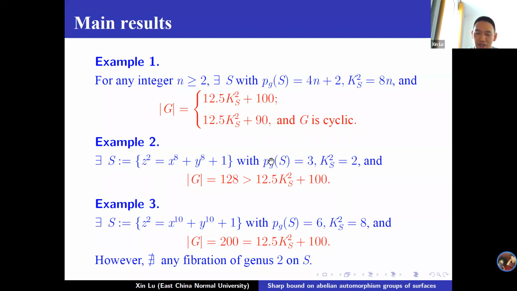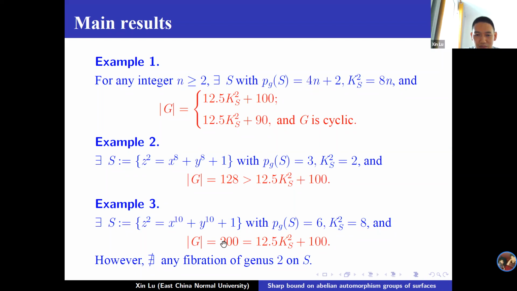This is an example with p_g equal to 3. And similarly, we can construct this example. The surface S is a double cover of P2 whose branch locus is the Fermat's degree 10 curve. And you can compute the invariants of S: the geometric genus is equal to 6, and K square is equal to 8. And also, there exists an abelian automorphism group whose size is equal to 200. This is 2 times 10 times 10.